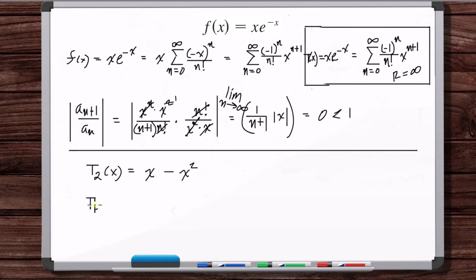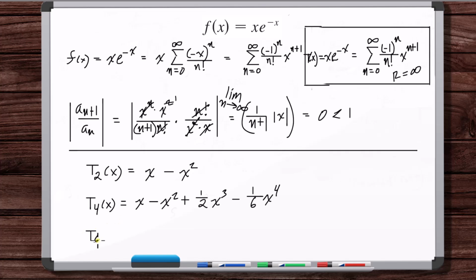Now T sub 4 is going to be x minus x squared, then plus, minus 1 squared is positive 1 over 2 factorial, so 1 over 2 x cubed, and then minus 1 over 3 factorial x to the 4th.